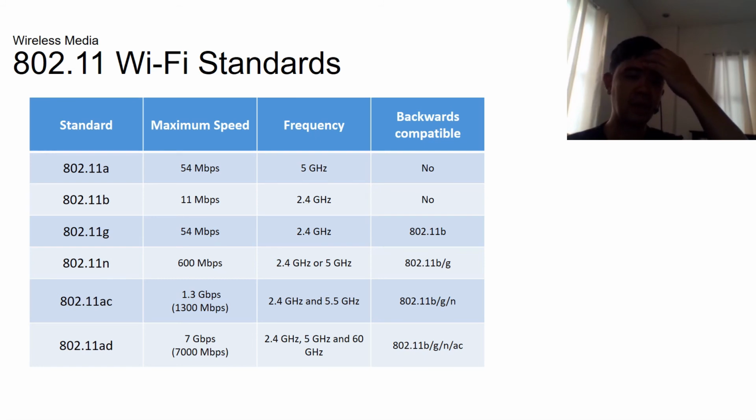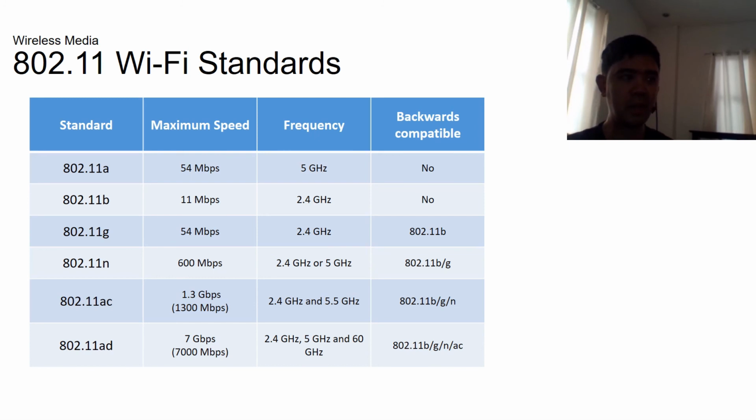There are standards that are compatible with other standards, and there are wireless devices that support not only one standard but two or three. Very important here is to take note of the bandwidth and the equivalent frequency, for us to know if they are compatible. For example, B has a frequency of 2.4, so does G. This indicates that B and G are compatible with each other.